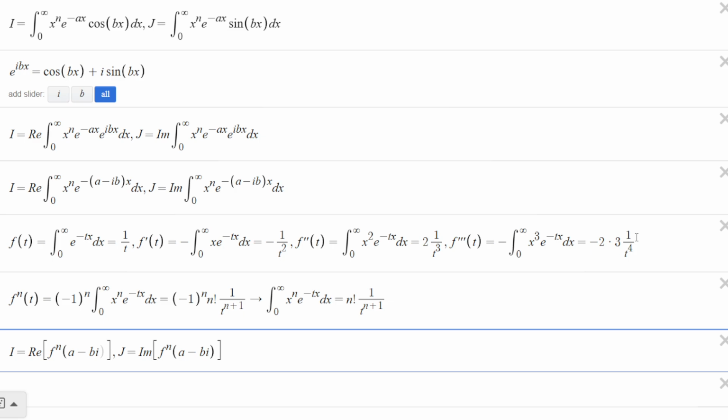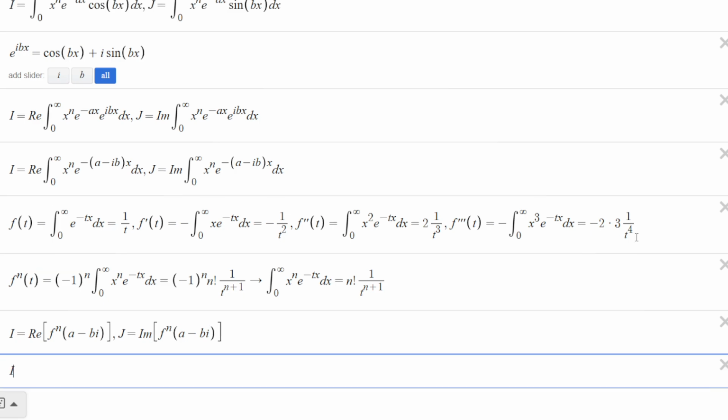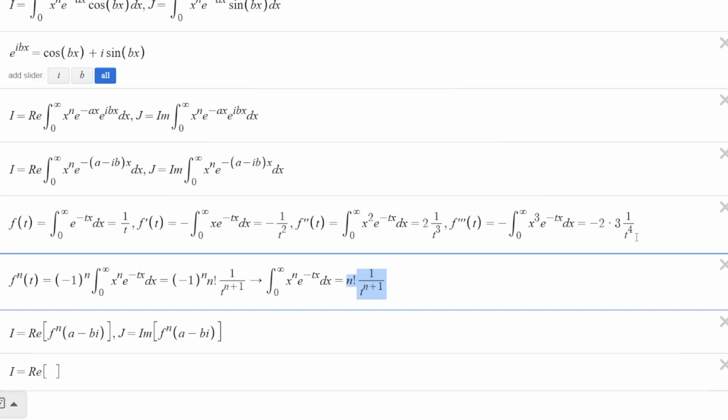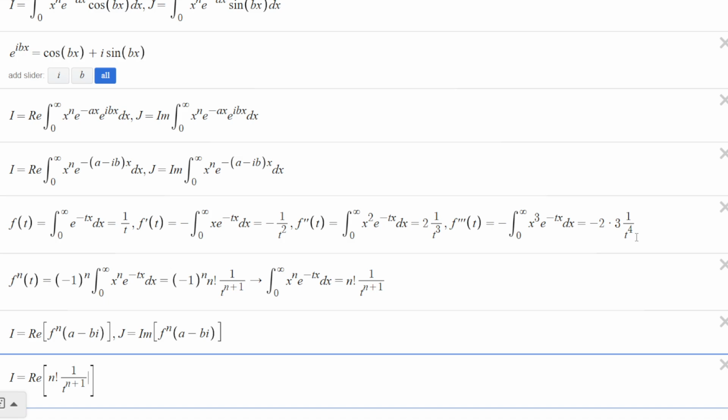All right, let me make sure I did everything right. Yeah, that's right. Okay. So that means I is equal to the real part of our nth derivative of our function at a minus bi. Well, don't forget, this is the nth derivative of our function evaluated at t. So what we do is we just plug in a minus bi for t. And that's going to give us J is equal to the imaginary part of that same thing.